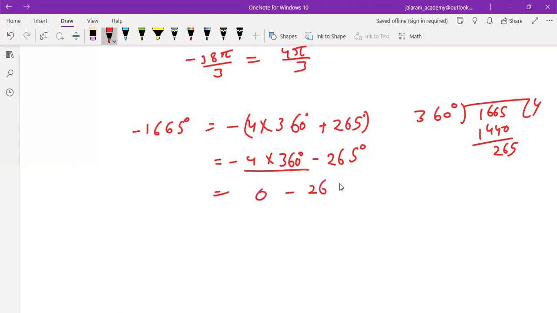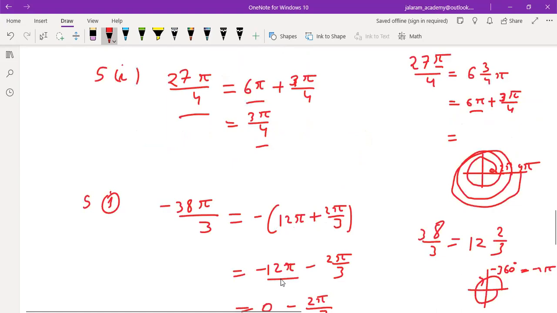So 0 minus 265 degree, and to convert it to positive so that it will lie between 0 and 360 degree, we will add 360 degree to it. 360 degree minus 265 degree will be 95 degree. So the angle coterminous to minus 1665 degree and lying between 0 and 360 degrees is 95 degree.